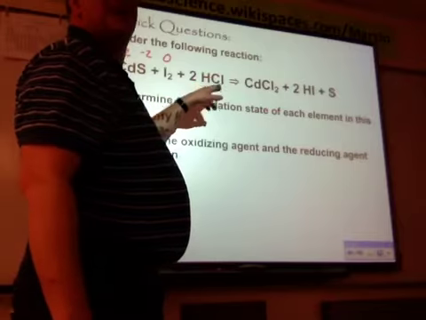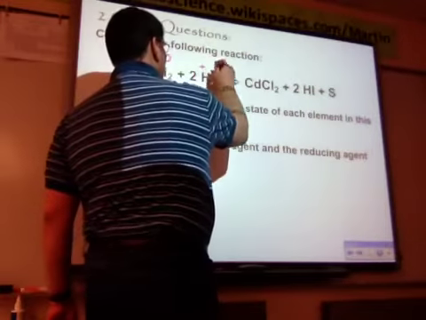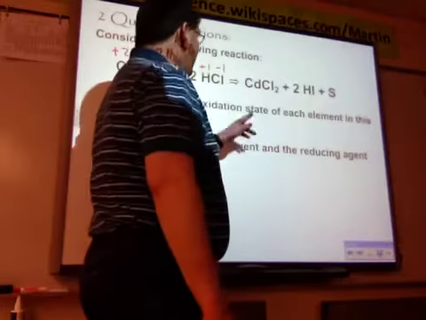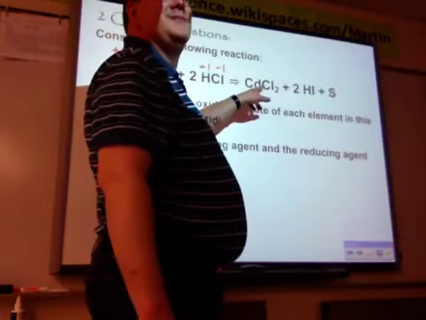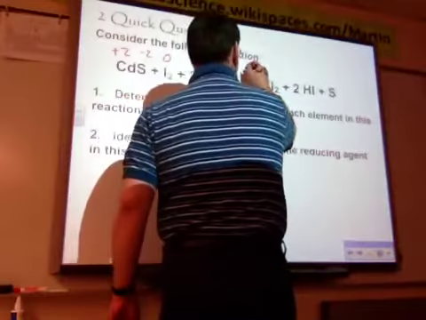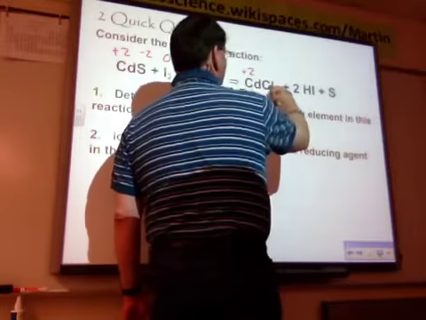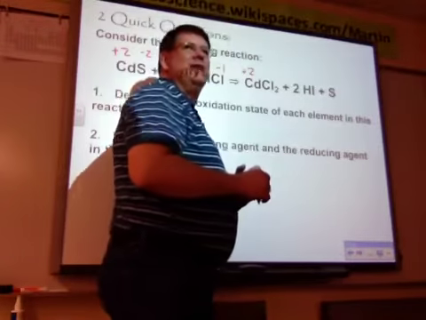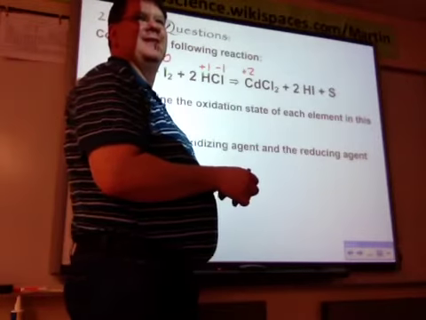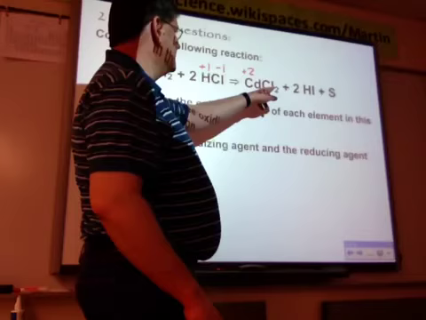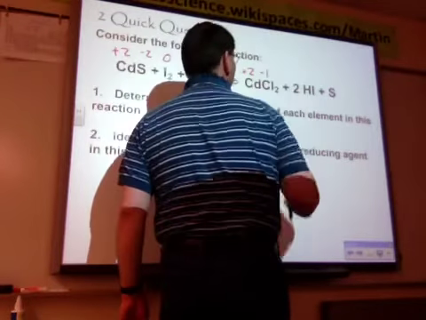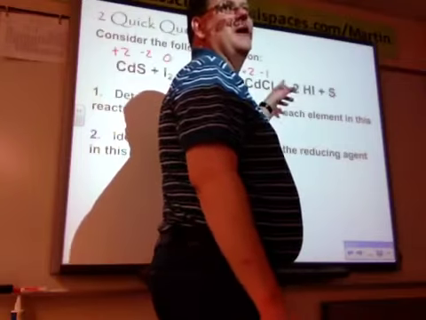HCl. Hydrogen has got to be +1. Chloride is -1 as a result. Okay. Cadmium, once again, that's +2. Chloride is -1. But there's 2 of them, so it equals out, but it's -1. This is per atom, by the way.